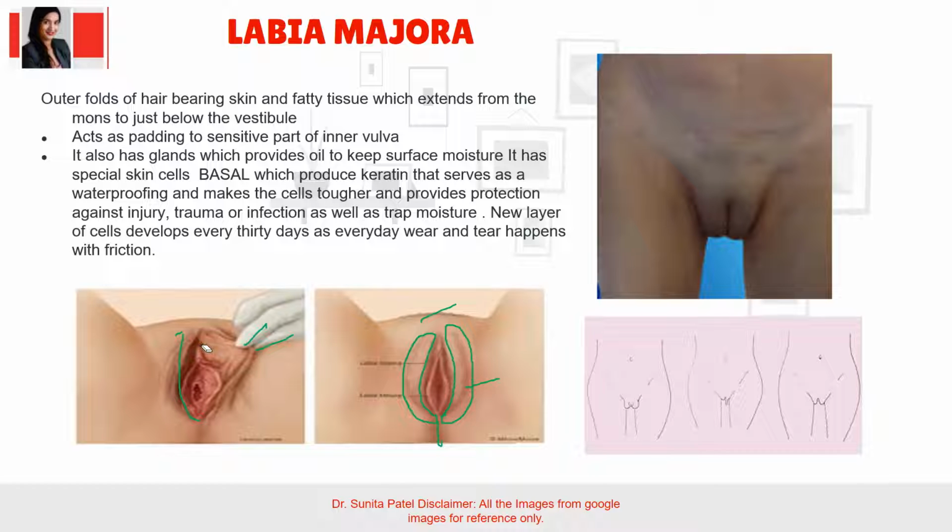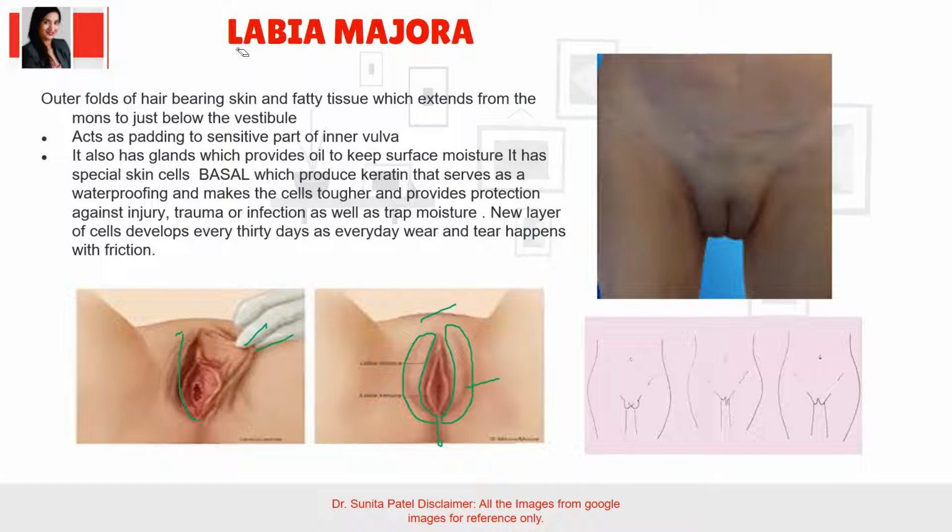So this basal skin is present in the labia majora because it is between the thighs, and it keeps touching the thigh area. Or whenever we are wearing something, or sitting, or wearing our pants, all these things are touching that particular outside area. So that skin is a hard skin.